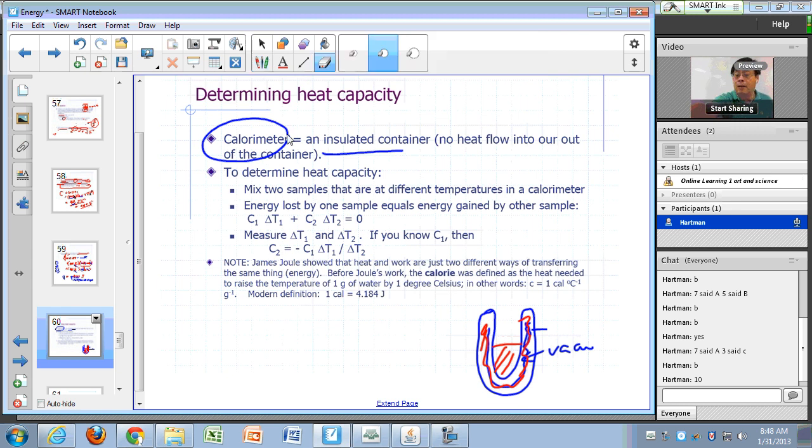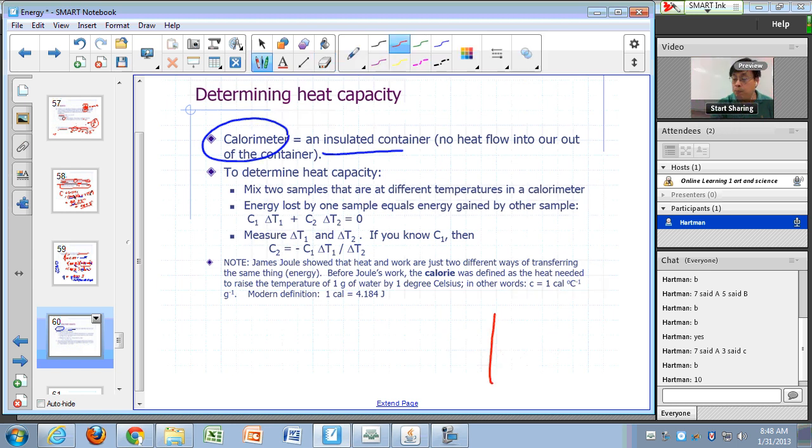All right, so that's what an insulated container is, and the one you'll be using in your lab will be a styrofoam cup. What you see in the walls of a styrofoam cup is that styrofoam has a lot of air bubbles in it. In air, your molecules, your atoms on average are much farther away from each other.